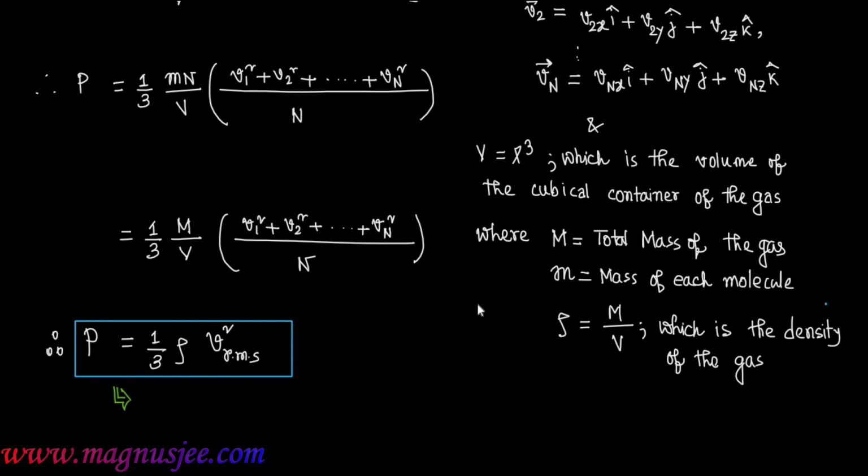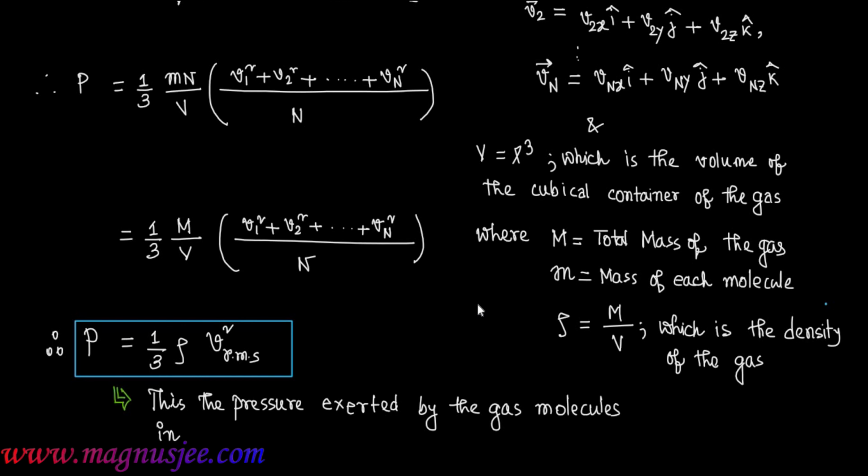We get the expression of pressure P, which is one third rho vrms square, and this is the pressure exerted by the gas molecules in a definite direction or in a particular direction.